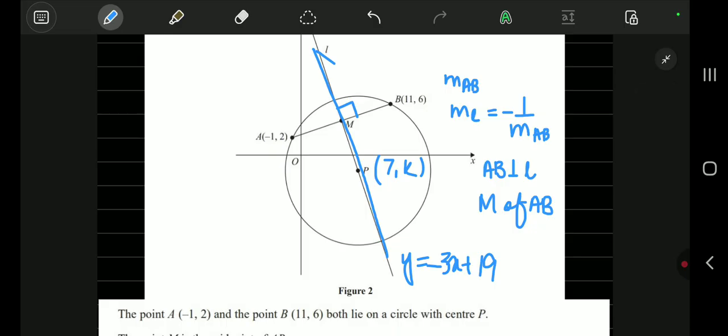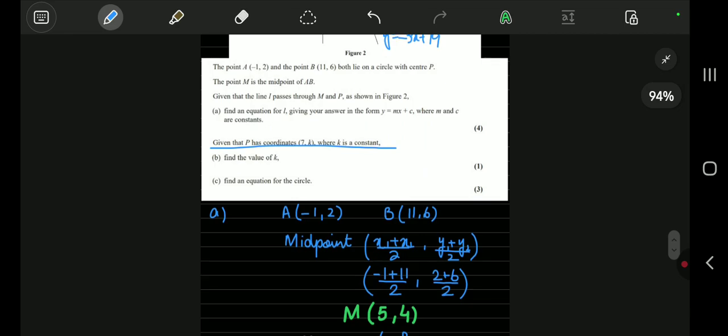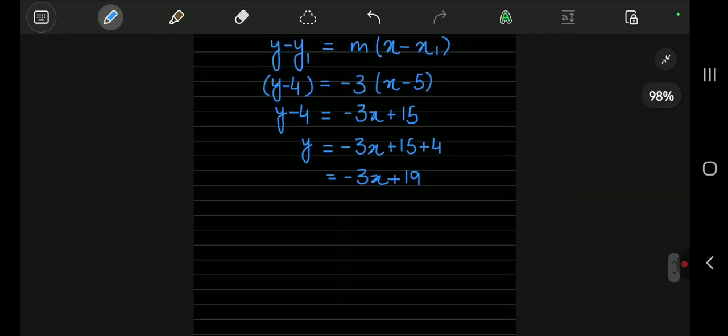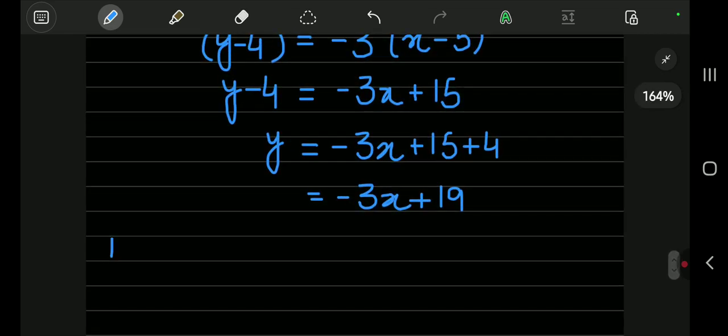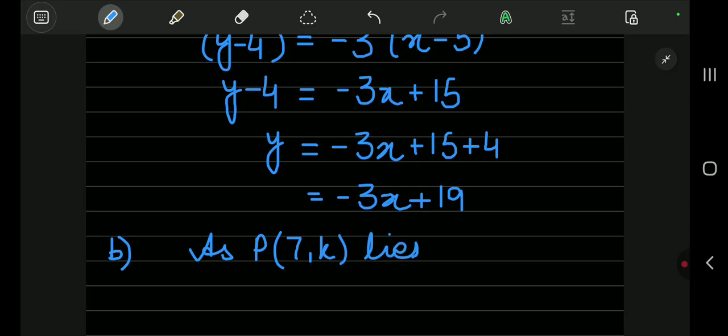That's simple, easy. So y equals... as P(7, k) lies on line L, k equals -3 times 7 plus 19.